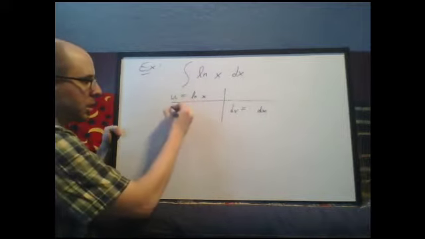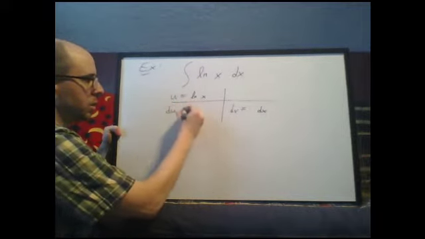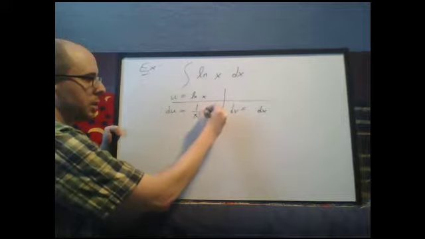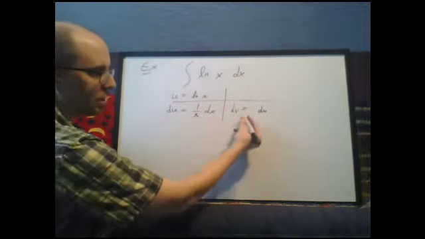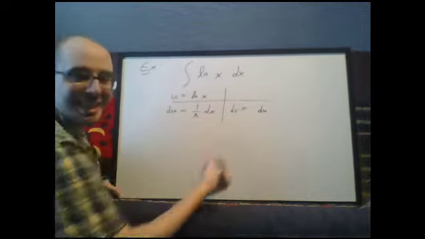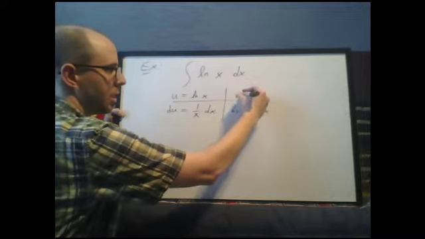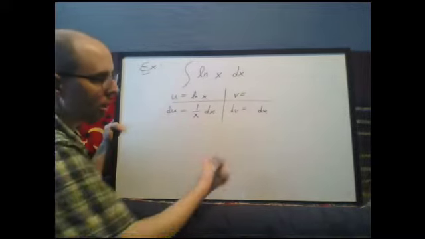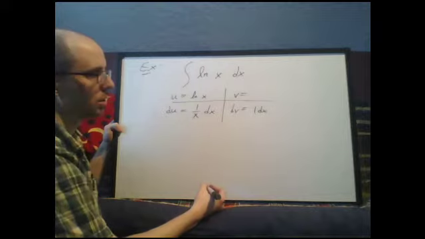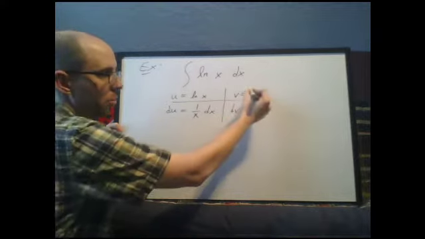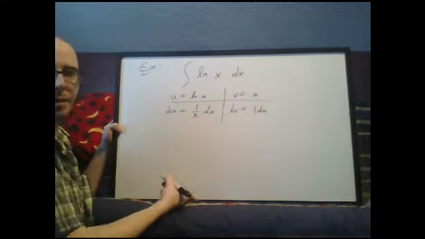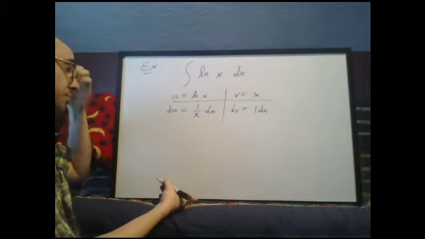If u is ln x, then du is 1 over x dx. And if dv is dx, then v is the integral of 1. So put 1 there for clarity. The integral of 1 would be x. The antiderivative of 1 is x.